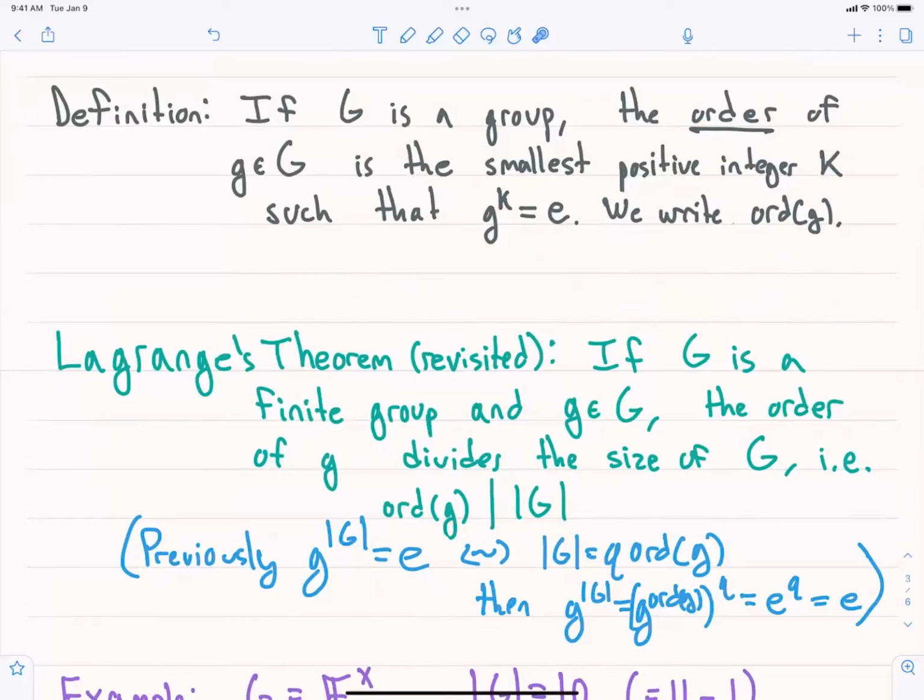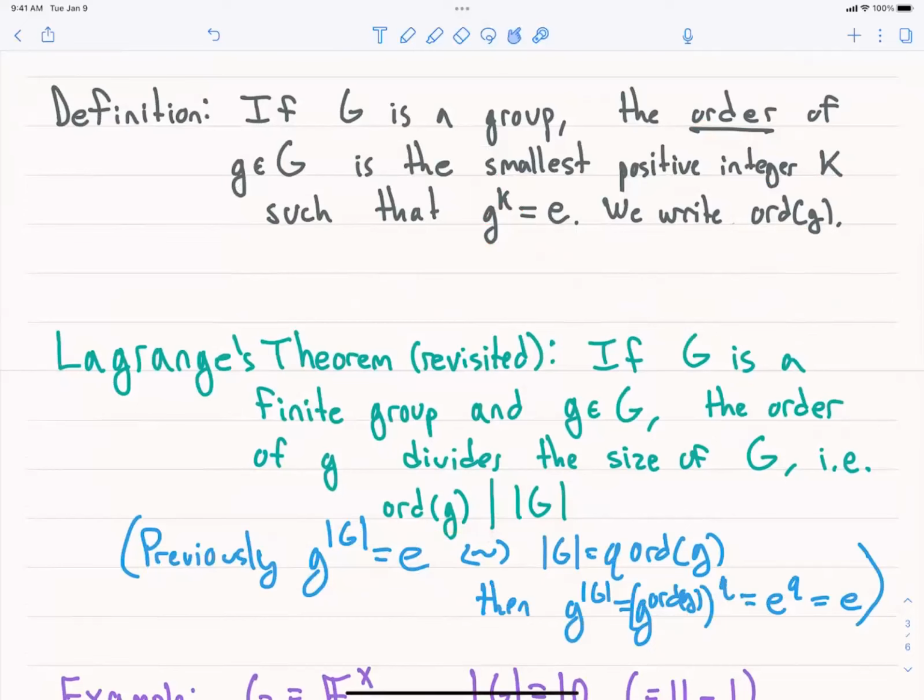We just hadn't defined this notion of the order of an element yet at that point. When we used it last time, it was for computing the last 5 digits of a number, and in that case we only needed the weaker statement. But here we want this finer statement.